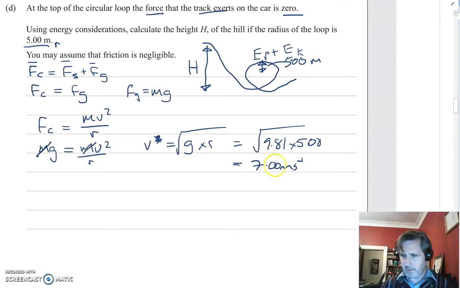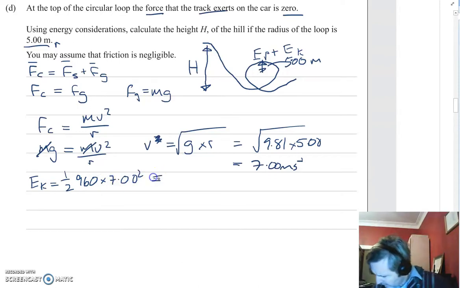Now, because I have this velocity, I can work out the total amount of kinetic energy. That equals half mv squared. m is 960 times 7.00 squared. Okay, and that's going to give us an answer, not quite sure at the moment, but let's just leave it as that.